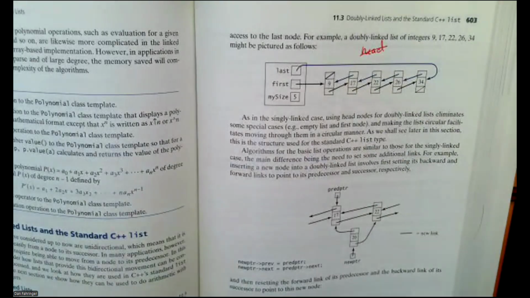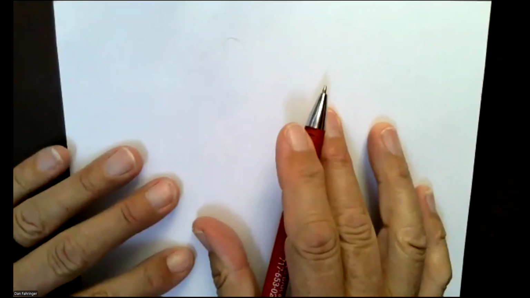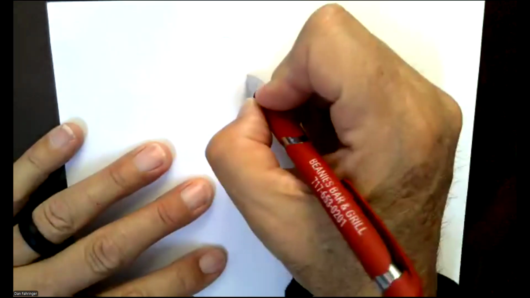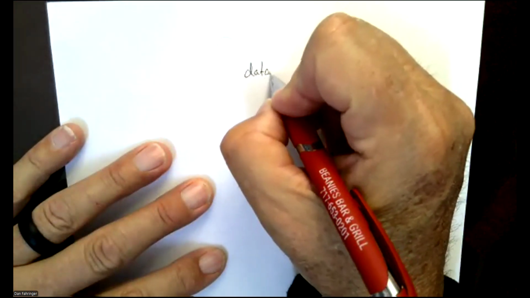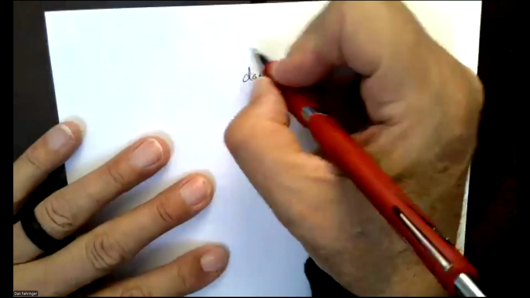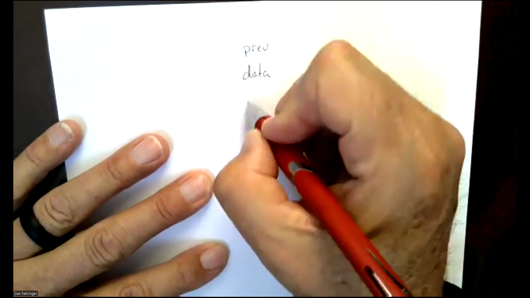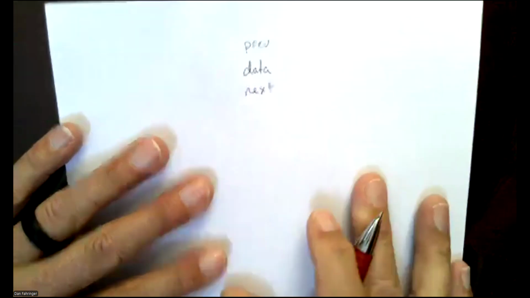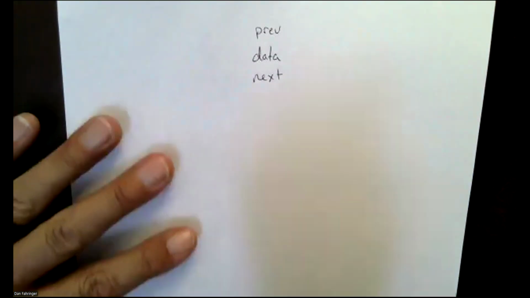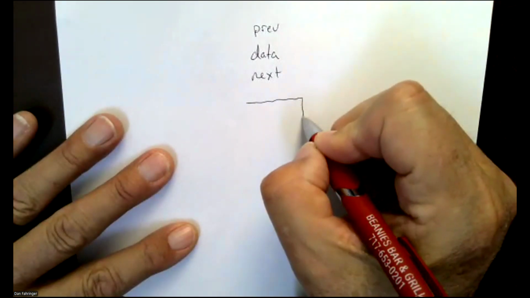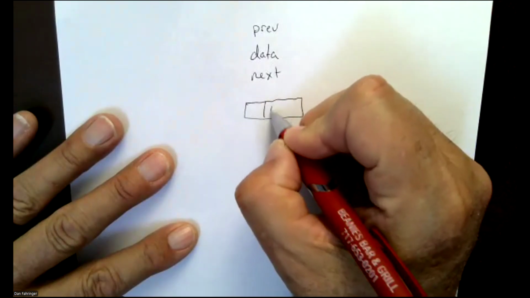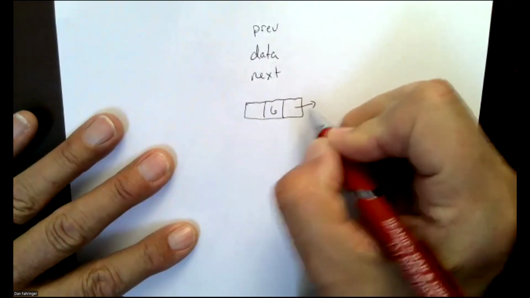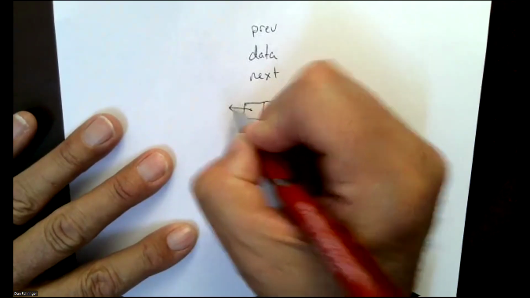I'm going to grab a piece of paper that's not already all written on and start drawing. I need data, I need a prev for previous, and I need a next to go to the next one. It's going to look something like this. It's going to have a pointer that goes there, and a pointer that goes there.